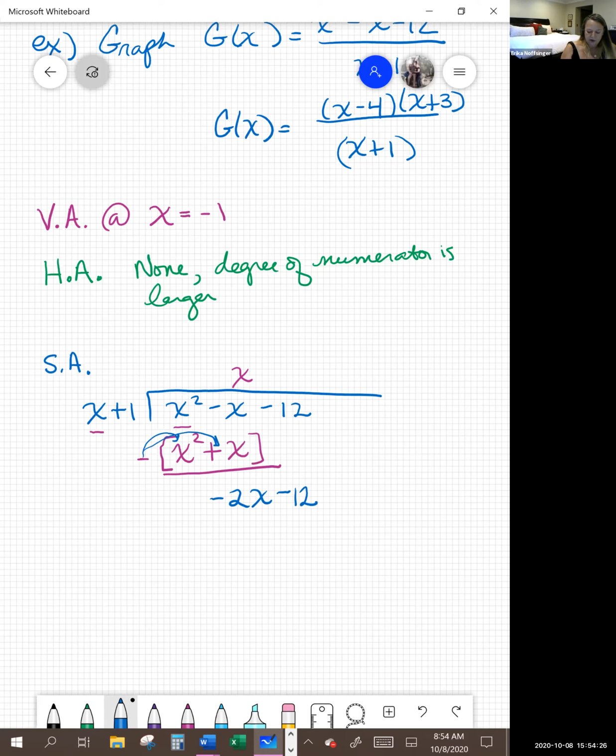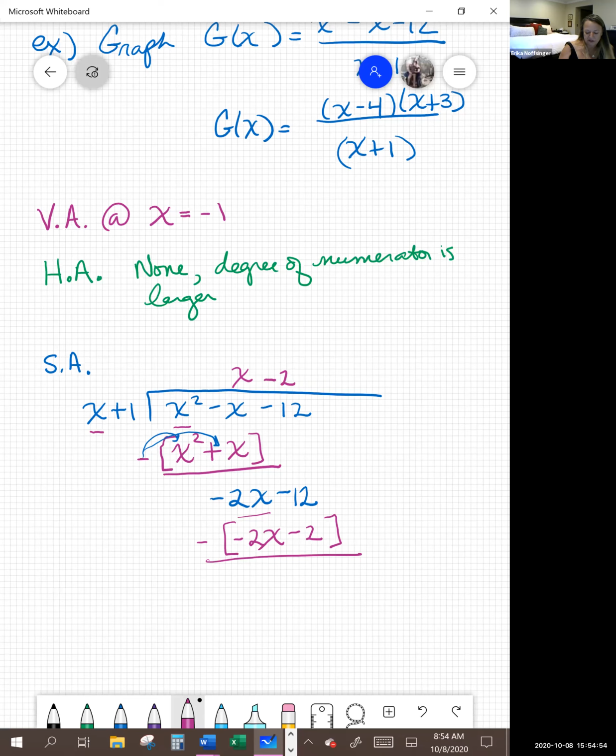So x times what is negative 2x? That would be a minus 2. Distribute negative 2, we get negative 2 times x is negative 2x. Negative 2 times 1 is negative 2. And we're going to subtract this whole thing off. So negative 2x plus 2x cancels.